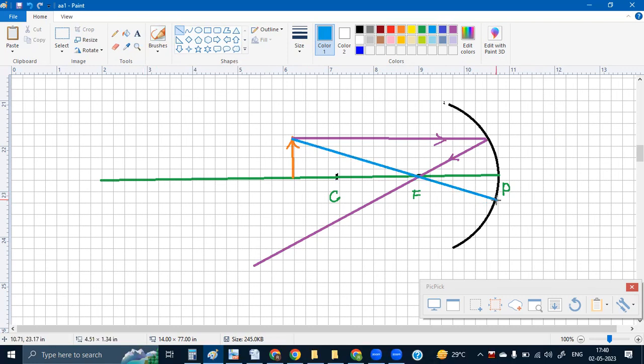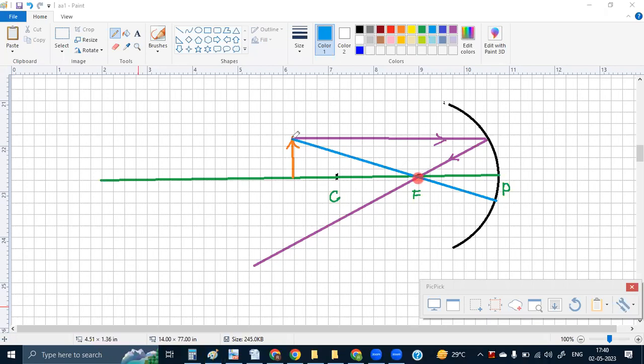The blue ray that is there is passing through the principal focus. This is the blue ray that I have drawn. This is the second rule that I'm taking up: the ray passing through the principal focus, after reflection, becomes parallel to the principal axis.